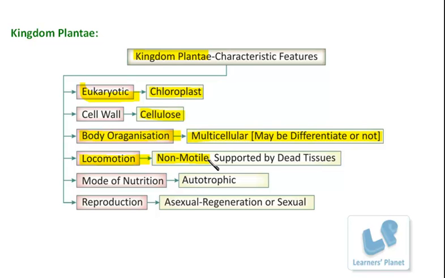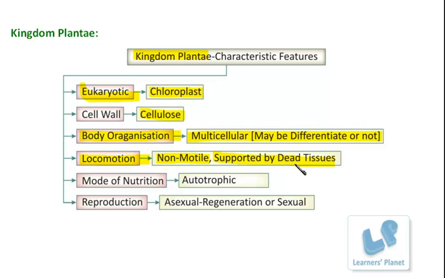To fulfill these basic requirements, the organisms are supported by dead tissues. They are made up of not only living tissues but also dead tissues. Such a property is absent in the animals belonging to group Animalia. Over there, the amount of dead tissue is very less.